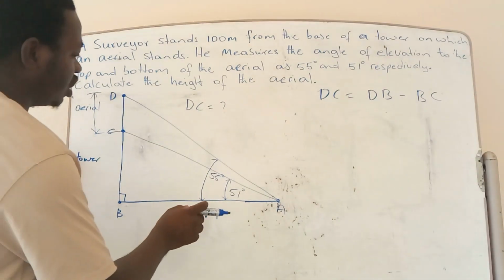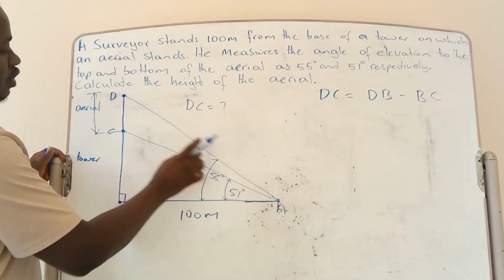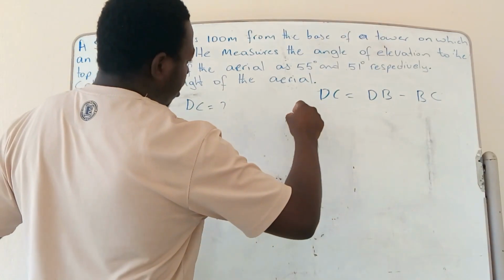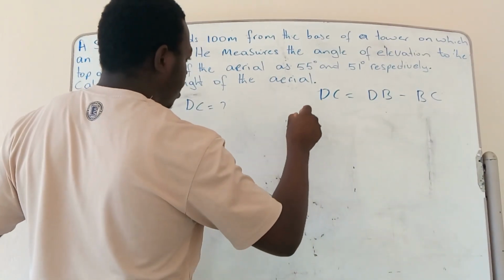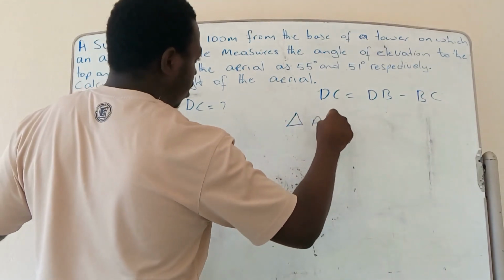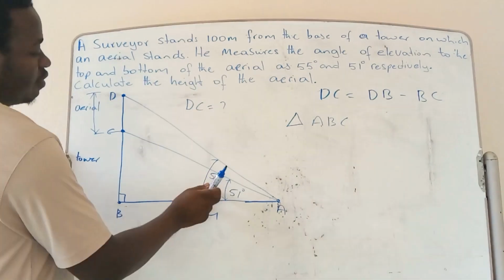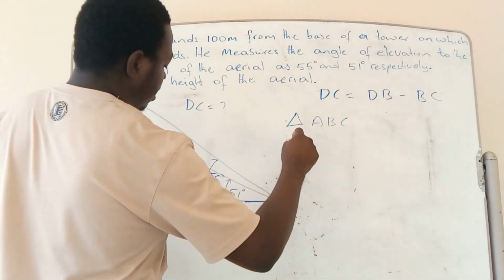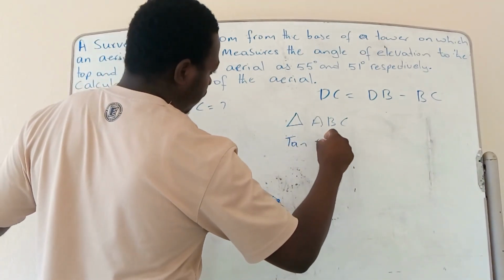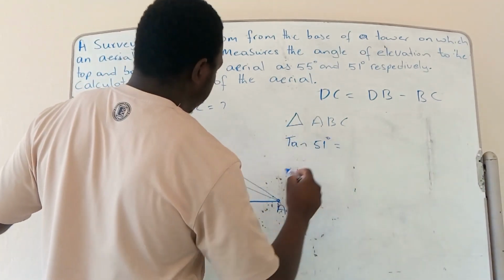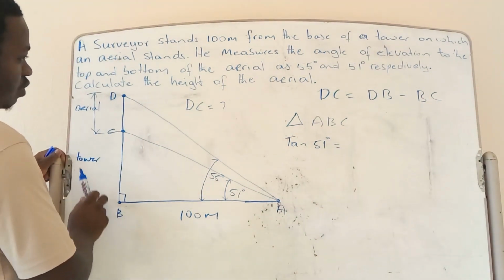So if we are considering the triangle ABC, that has to do with this 51 degrees here. So we know that this is tangent again, so we know that tan of 51 degrees is equal to the opposite length, which is where the tower is, which is just BC, right?